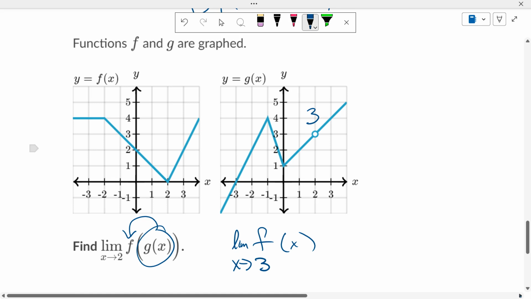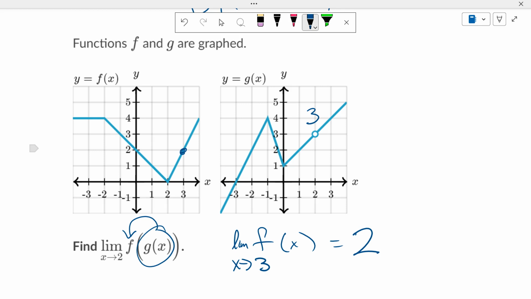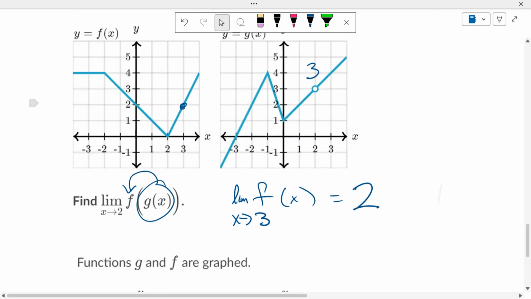Okay? So where does f approach 3 at? Well, that's at 2. Okay? So once we find the limit of this, we make that the number we're approaching, and then we find the limit here. Okay? All right.